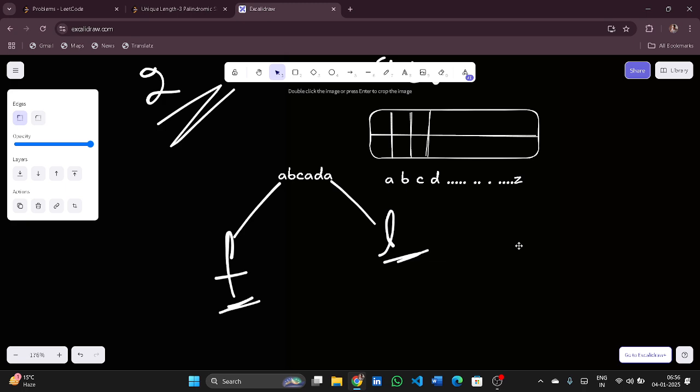So you got the first and last, and you need to count the number of distinct characters between the first occurrence of a character and the last occurrence of that character.